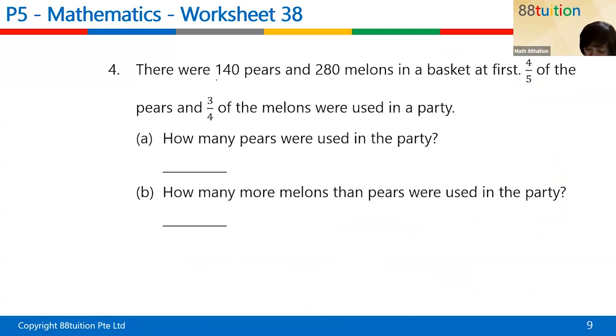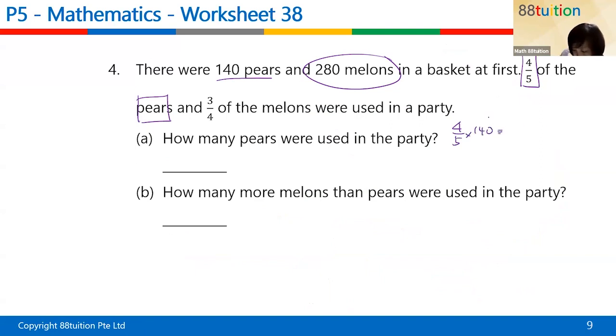Okay, so there were 140 pears, 280 melons at first. Have 4/5 of the pears. Okay, so 4/5 of the pears, meaning to say I can use 4/5 to multiply by 140 pears and see what I can get here. 4/5 is 0.8 times 140.